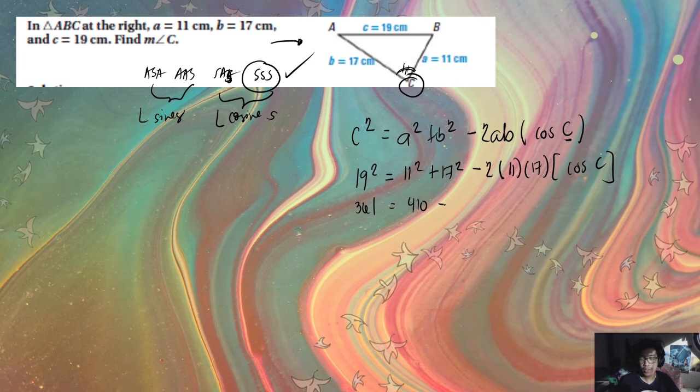Minus 2 times 11 times 17, so that's 374. 374 multiplied by cosine of C.